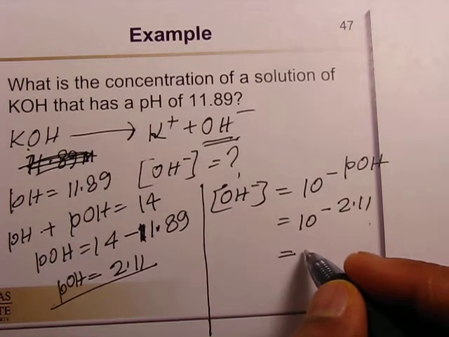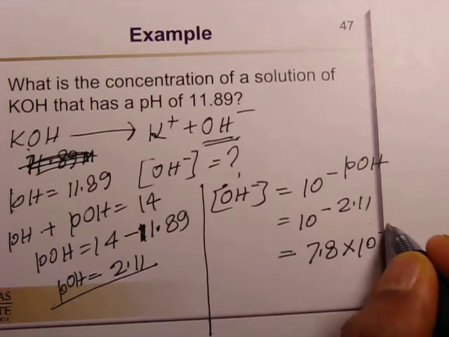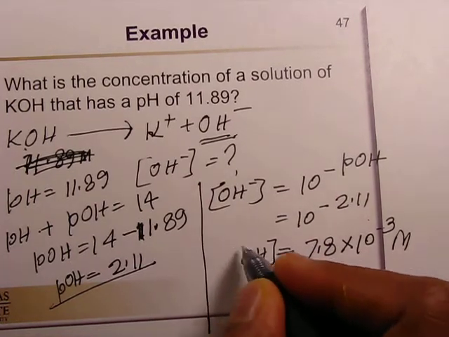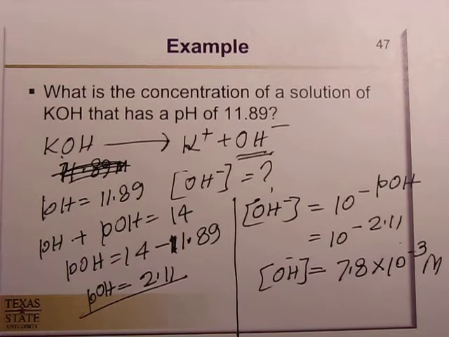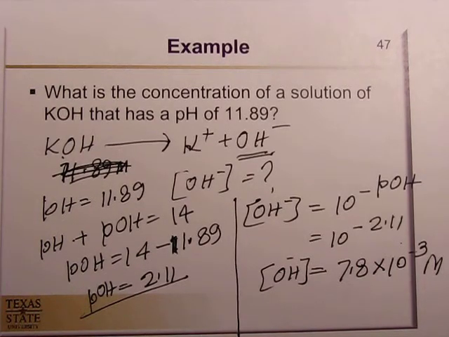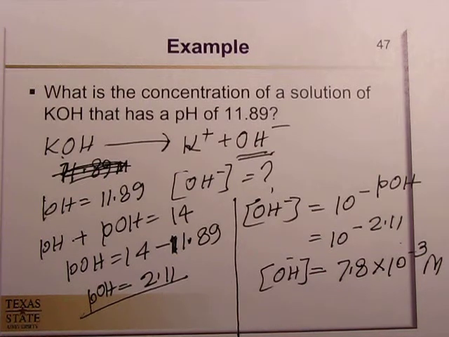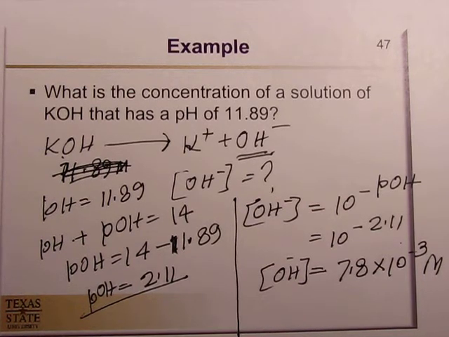Once you calculate, it will come to around 7.8 times 10 raised to the power minus 3 molar. So these are the three examples regarding strong acid and strong base, pH and pOH calculation, and hydrogen ion concentration and hydroxyl ion concentration. And in the next video we will start with weak acids and weak bases.